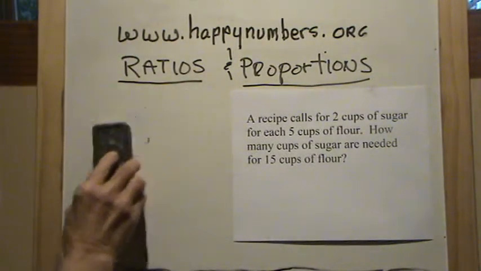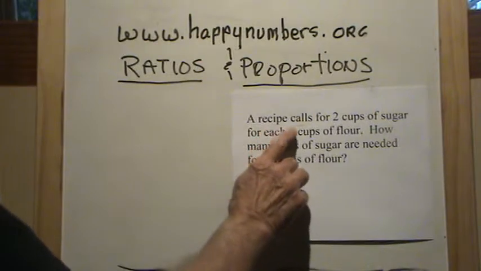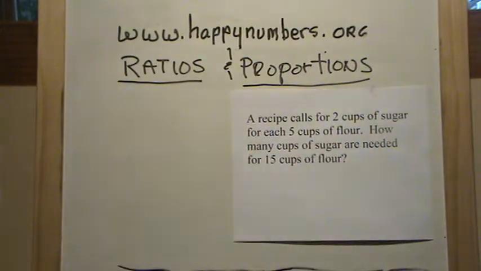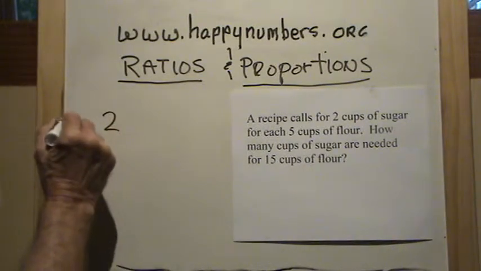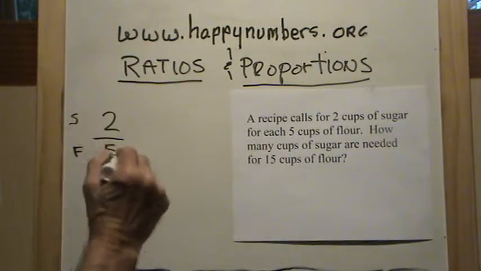And let's take a look at one here. Our problem says a recipe calls for 2 cups of sugar for each 5 cups of flour. 2 cups, this is sugar, is to 5 cups of flour.